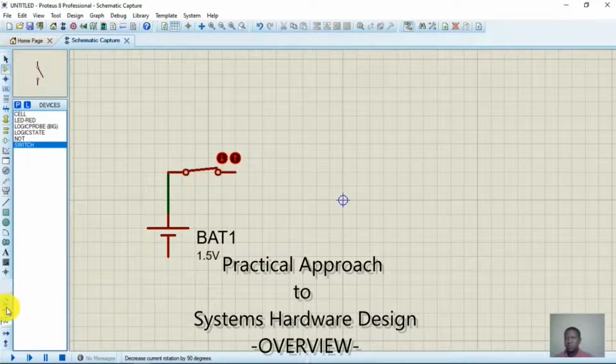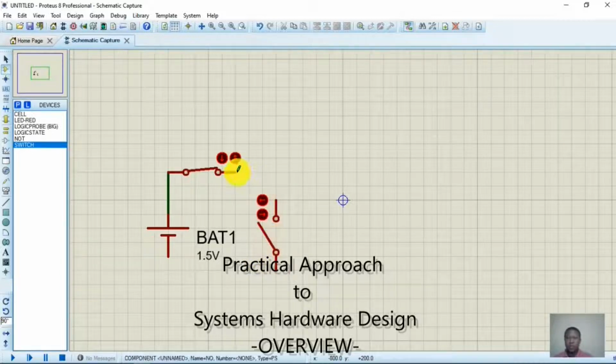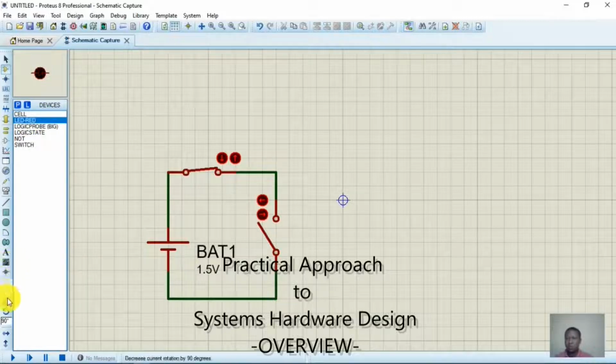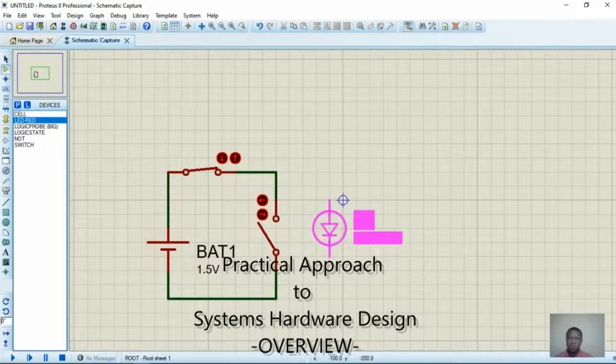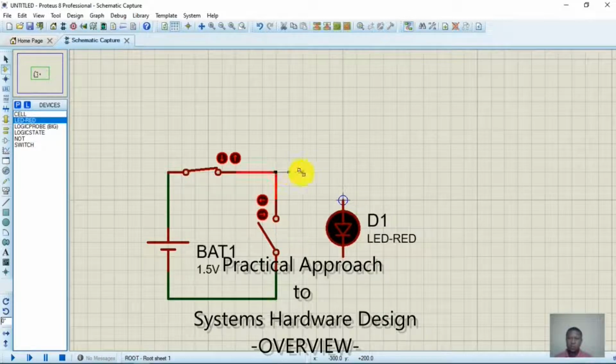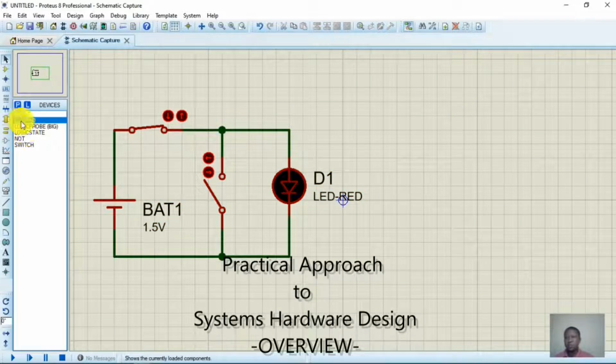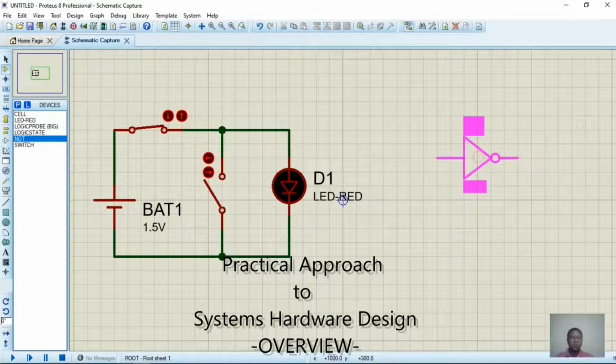This is the main switch we are interested in. So let's do the symbolic representation before we run the simulation.